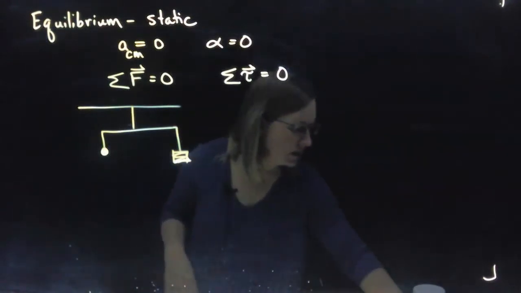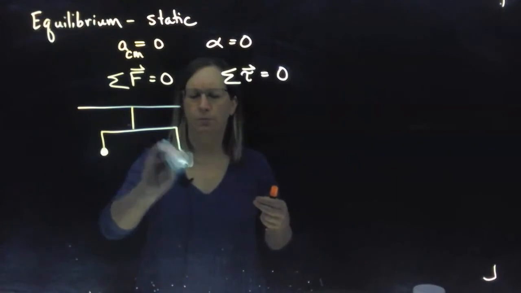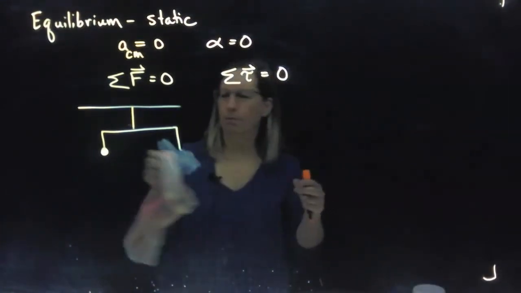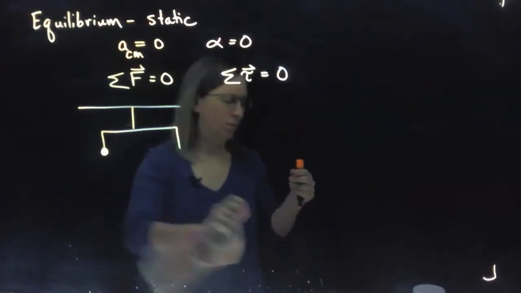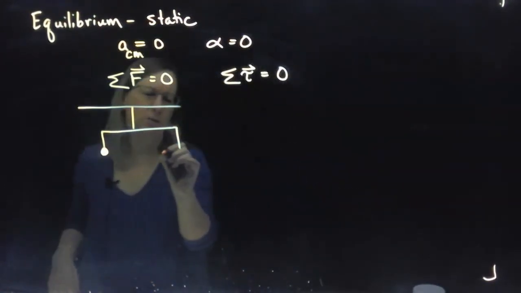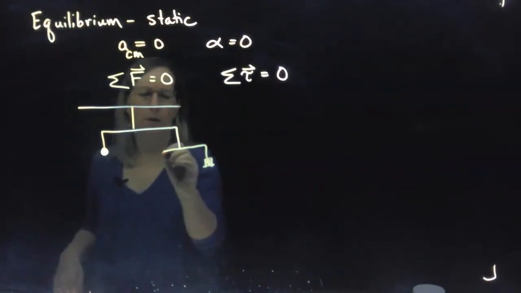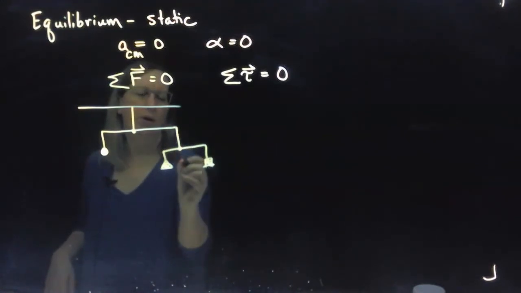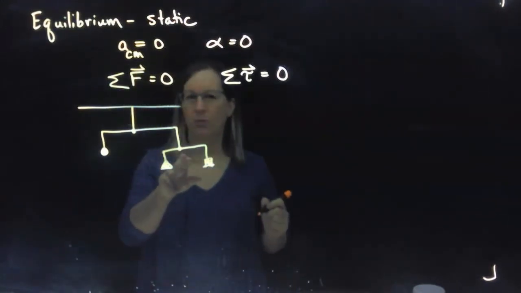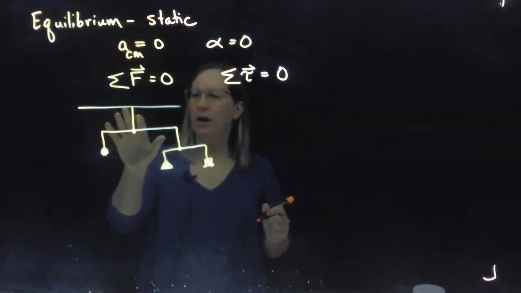But you can extend this down to include additional masses here and here. And so what you would do is, for example, say, let's take this point, find the torques around this point, find the total mass, and then you'd find out how much tension.